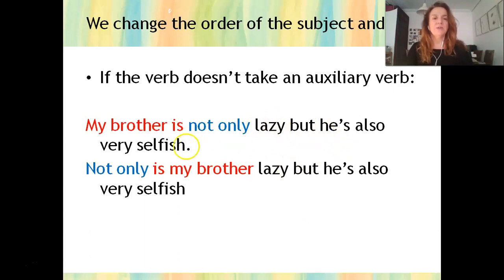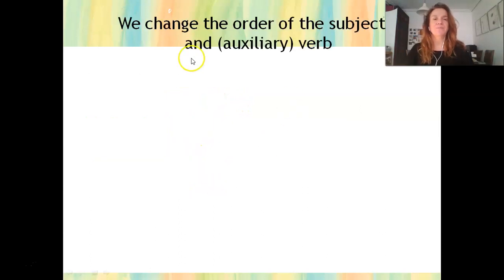Okay? So this is the case, for instance, with the verb to be, where the verb doesn't need an auxiliary verb. Remember, when you make a question with the verb to be, or you make a negative sentence, you don't need an auxiliary verb. Okay, so that's how you do inversion, same as in a question. But what happens with the rest of the verbs, where you need to use an auxiliary verb?